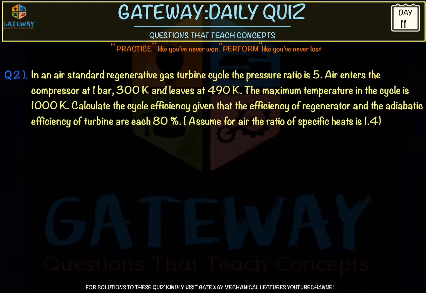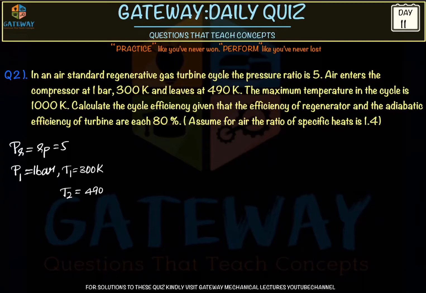So initially, it is an air standard regenerative gas turbine cycle. The pressure ratio was given in the question. We'll write down all the data. RP is given as 5. Air enters the compressor at 1 bar. We will discuss all the points with the TS diagram. So P1 is equal to 1 bar, T1 is given as 300 Kelvin, and the air leaves at T2 of 490 Kelvin.